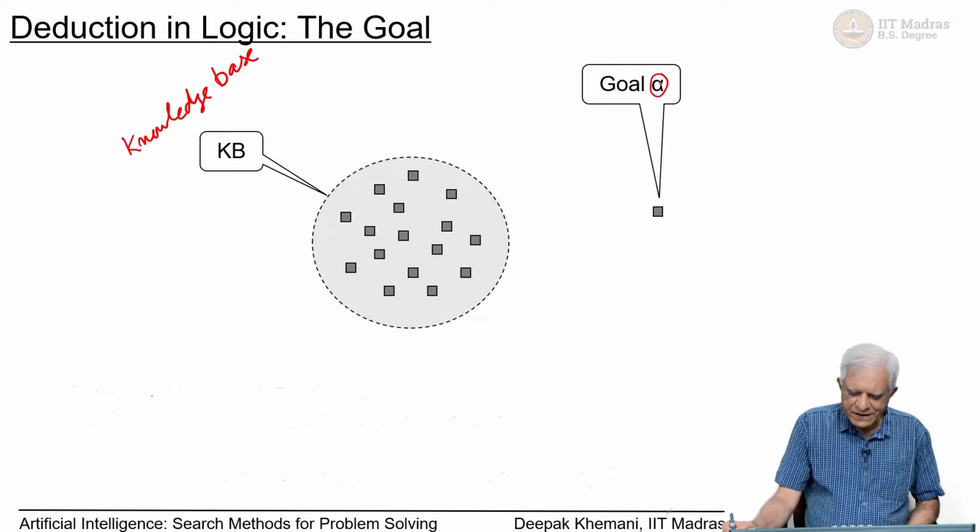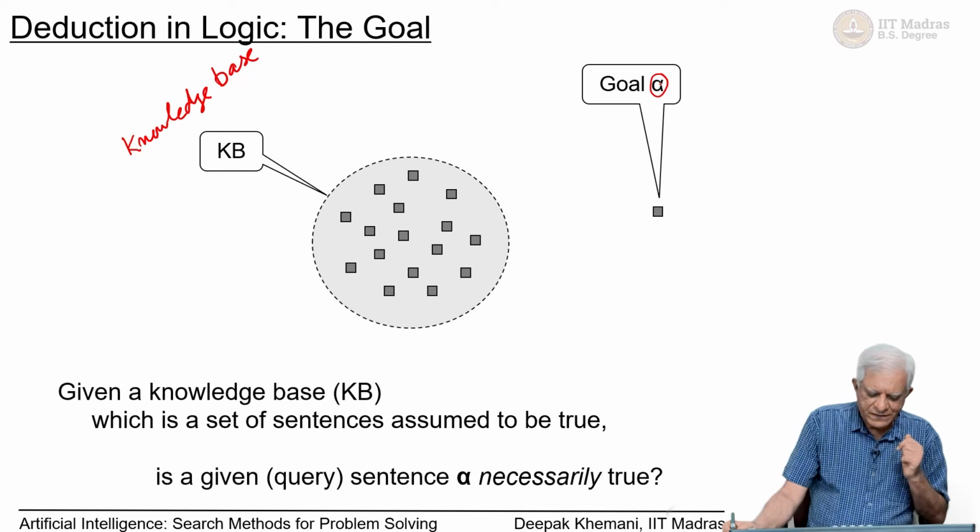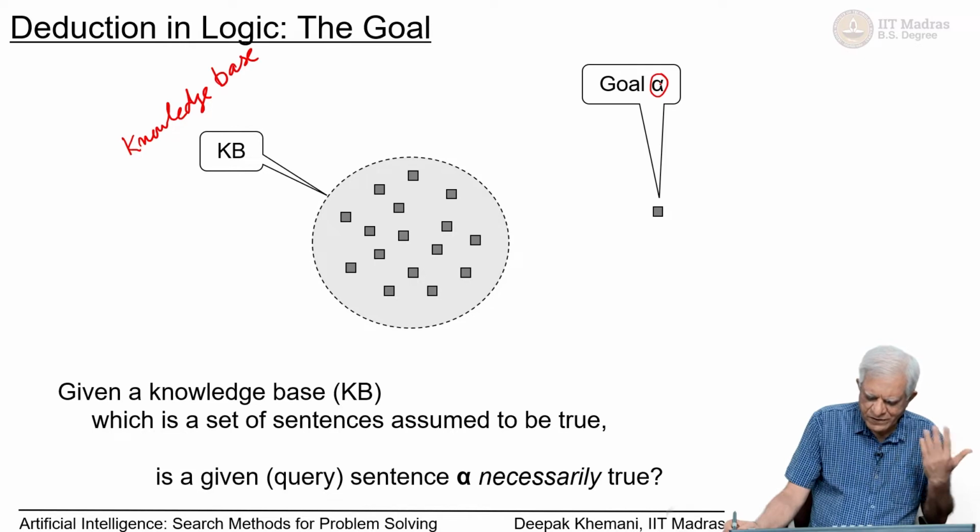So, that is called soundness property of logic, and most logics that we work with are sound essentially. So, we have this task that given this sentence alpha and given this knowledge base KB, which as I said is a set of sentences assumed to be true or given to be true to us, is a given query sentence alpha necessarily true.